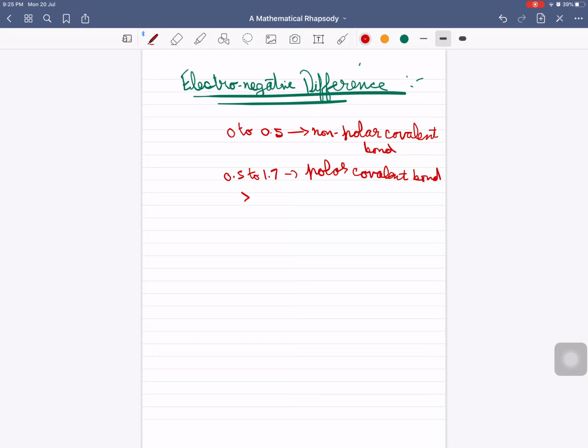If it is greater than 1.7, it is an ionic bond. Greater than or equal to 1.7, ionic bond.